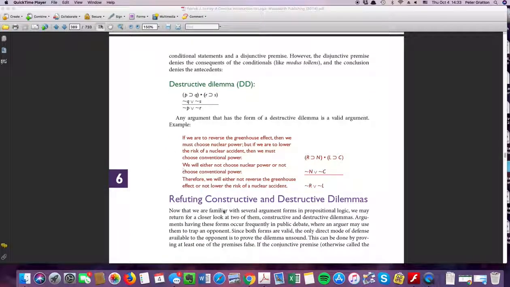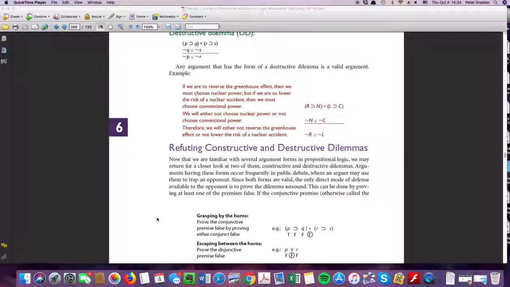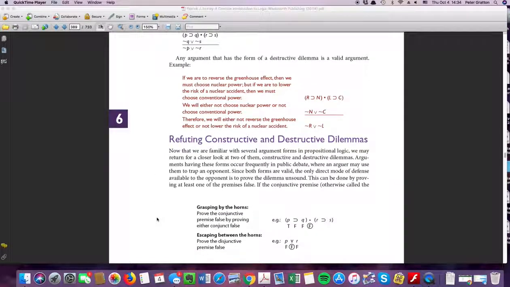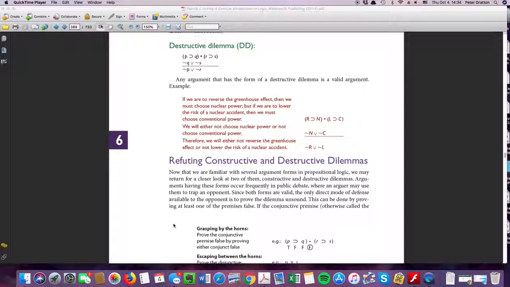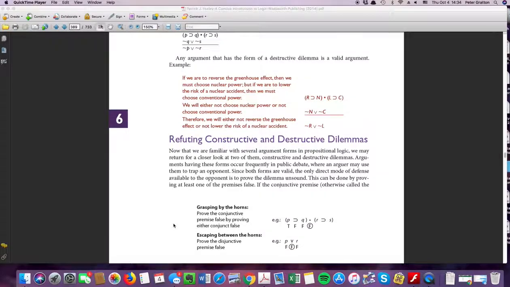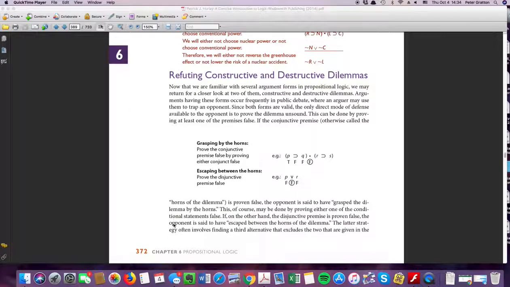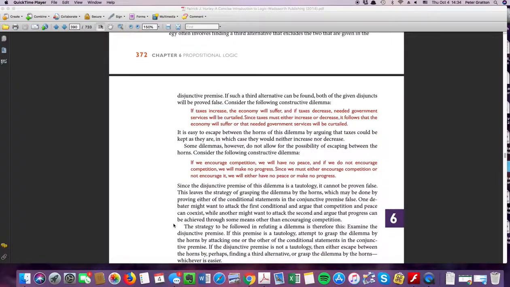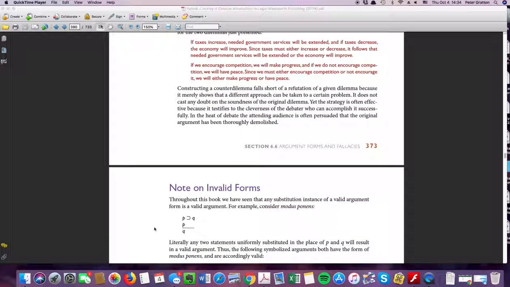Okay, so just read through these. These are more difficult to see, but these are ways of looking at the argument form. And with refuting constructive and destructive dilemmas, we'll be able to deal with that when we get into the slides, right?